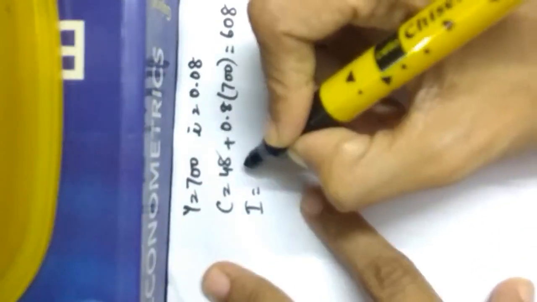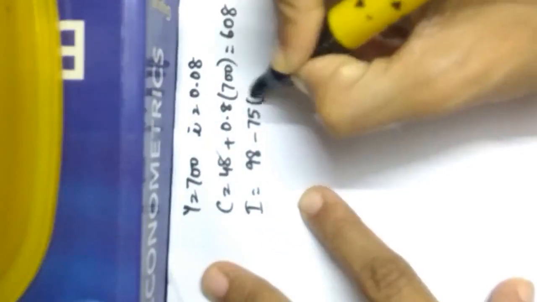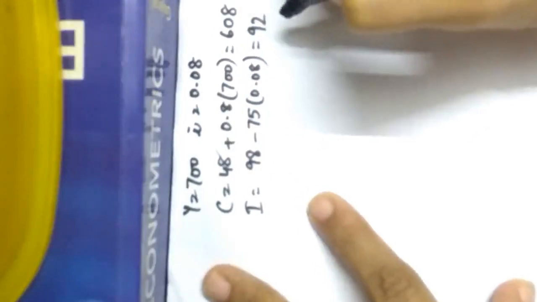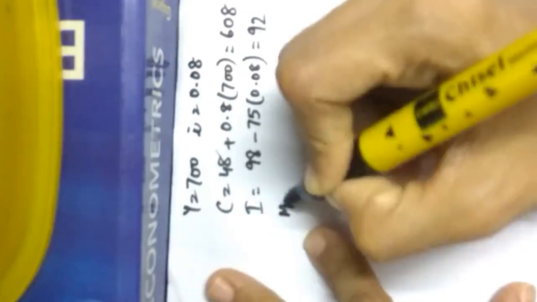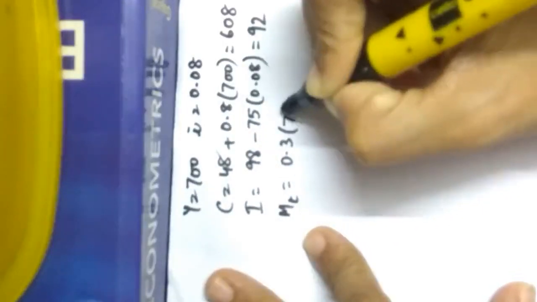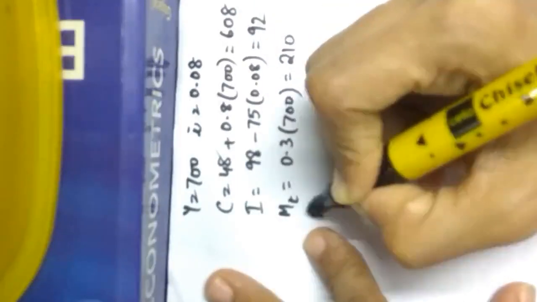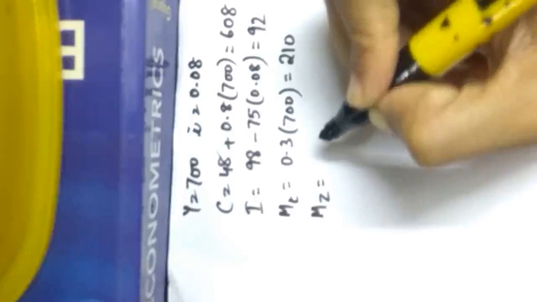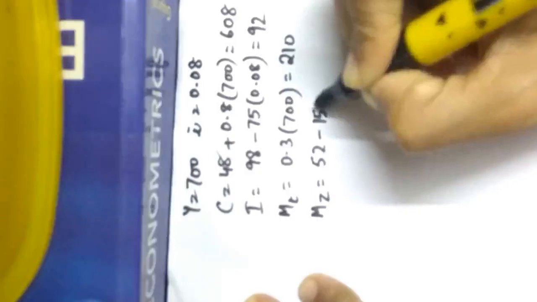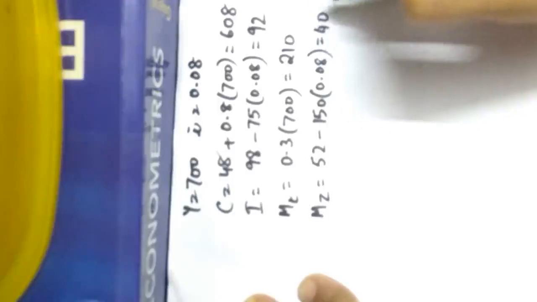The investment function was 98 minus 75 times i, so with i at 0.08, you will get 92. Transactions demand for money was 0.3 times Y, that's 210, and your speculative demand for money was 52 minus 150 times i, which is equal to 40.